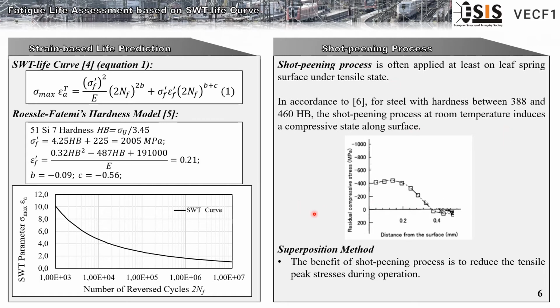Taking into account the hardness of our springs, we can consider this distribution near the top of the surface if the shot peening process at room temperature is considered.